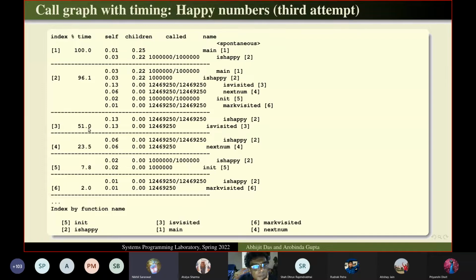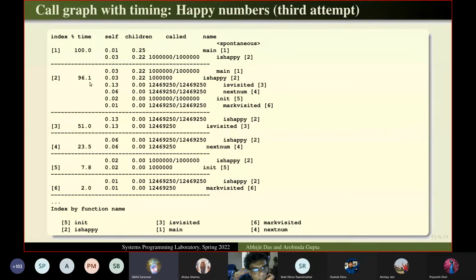So main is taking 100% time. Then is_happy is taking 96.1% time, including function calls. Is_visited 51%, next number.